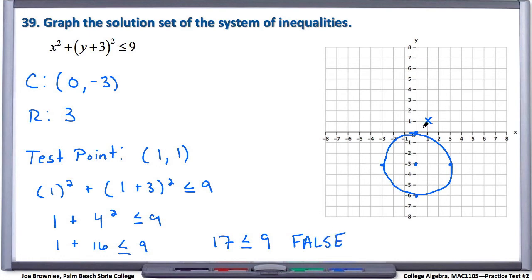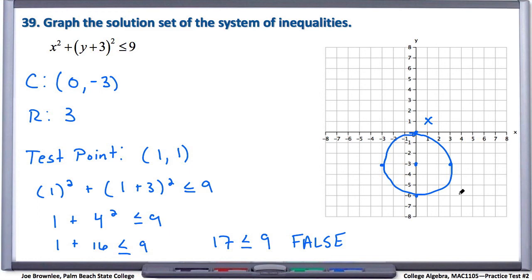And so because the point we chose was outside the circle and we got a false statement, that means we could have chosen any point outside the circle, plugged it in, and we still would have had a false answer. We only shade on the graph where the points make our inequality true.